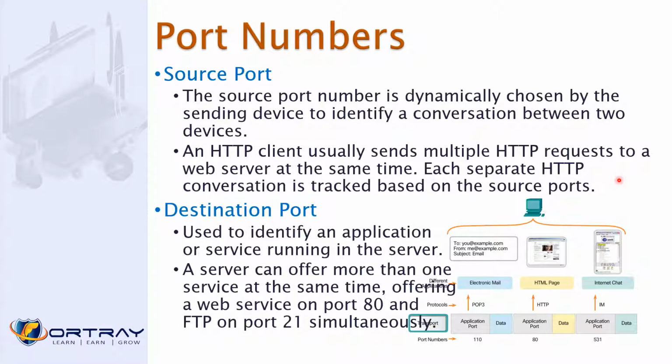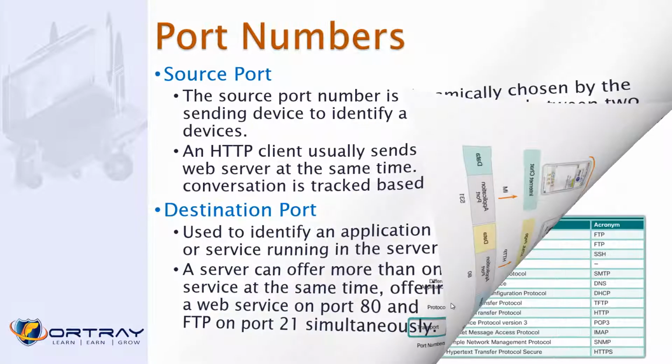For example, here we use port number 110 for email, electronic mail, HTTP uses port 80, instant messaging uses AIM, which uses port number 531. The destination port is used to identify an application or service running on the server. A server can offer more than one service at a time, offering a web server on port 80 and FTP on port 21. So one server can simultaneously respond to port 80 and port 21 at the same time.